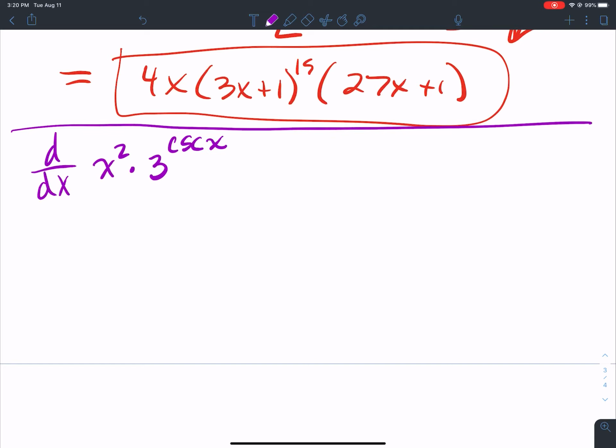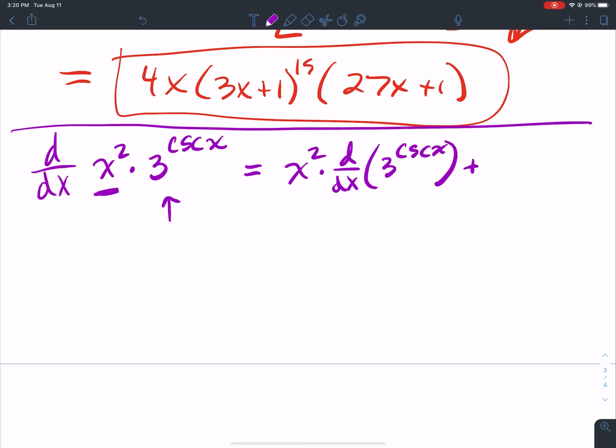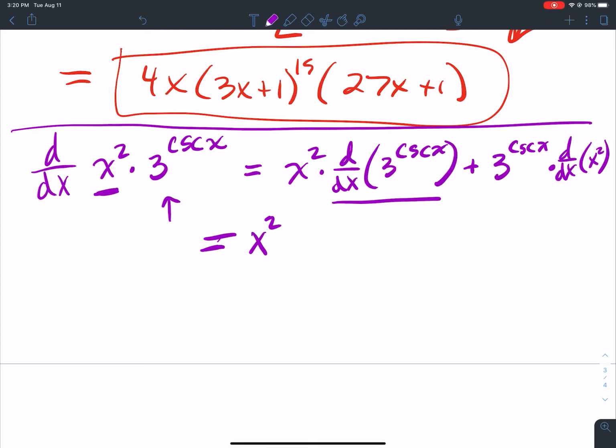So whenever I do this, product rule says what? It says the first times the derivative of the second, 3 to the cosecant x, plus the second, 3 to the cosecant x, times the derivative of the first, d/dx of x squared. Okay? So I have x squared multiplied by this thing right here.